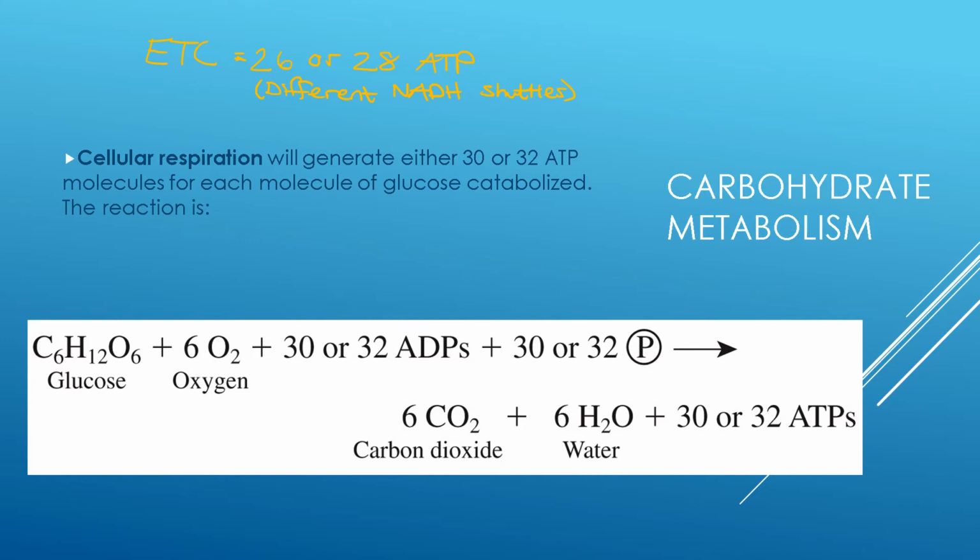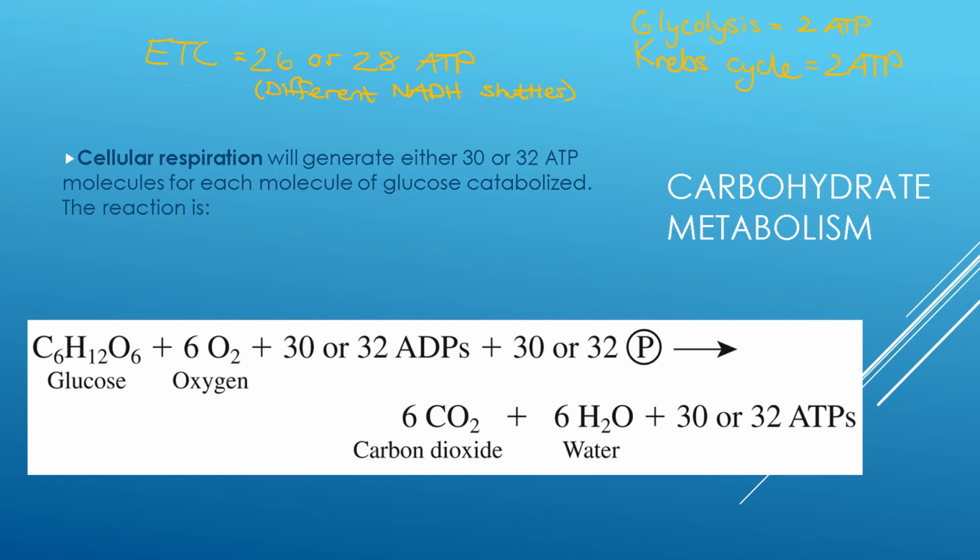So now recall that we have 4 molecules of ATP produced prior to the electron transport chain. So we have 2 molecules of ATP from glycolysis, it's going to be 2 ATP there, and then also from the Krebs cycle, we're also going to get 2 ATP from there.